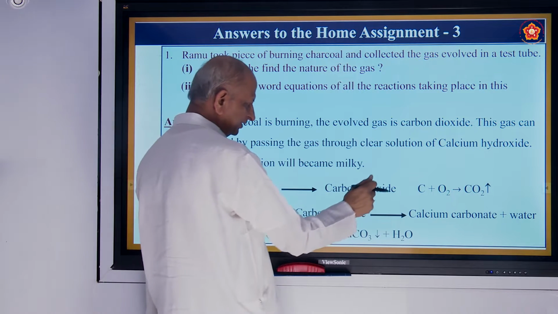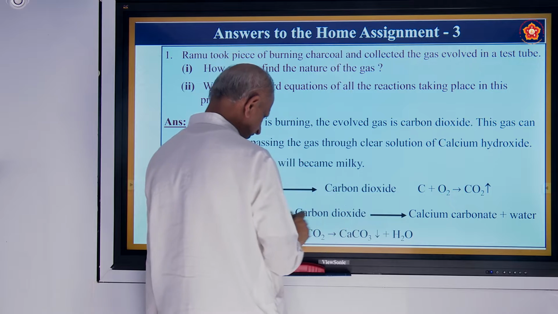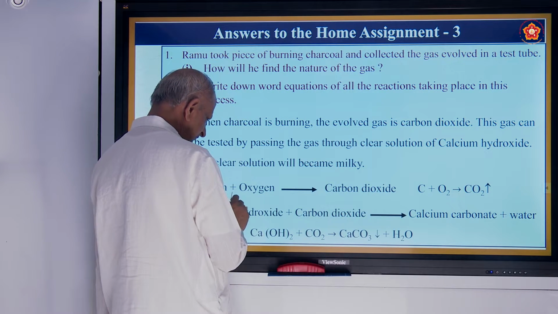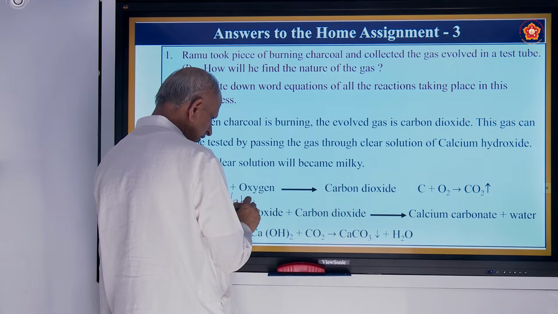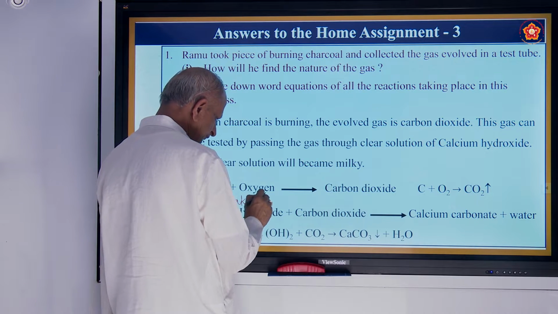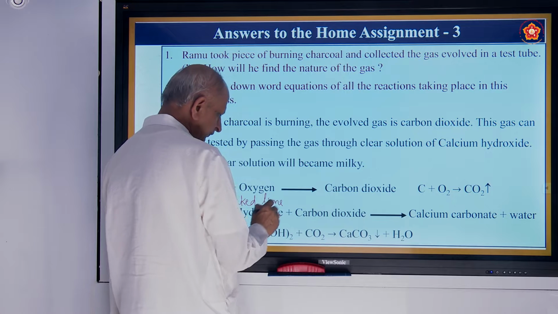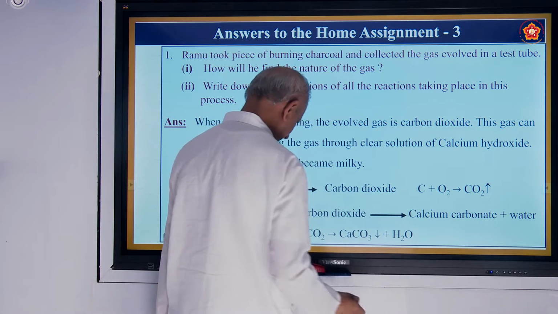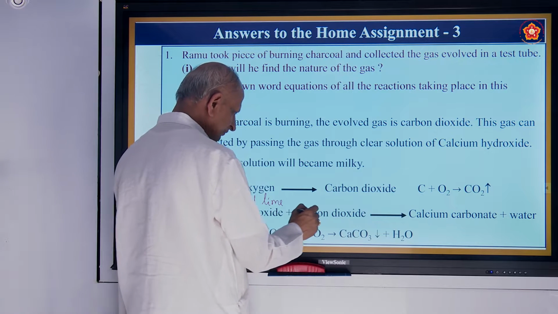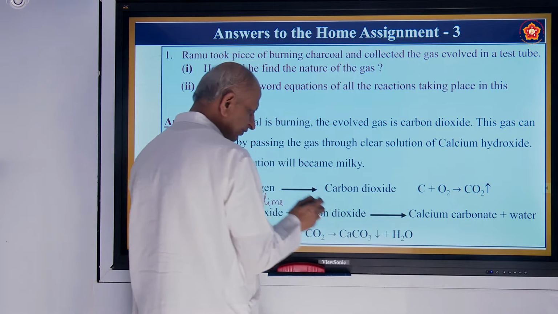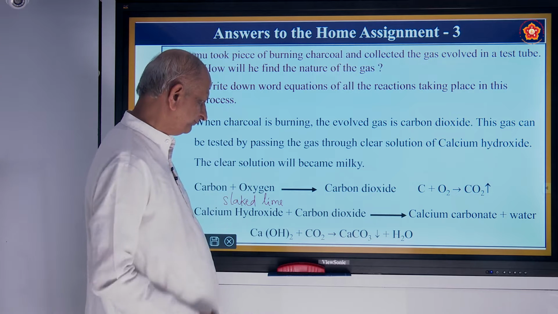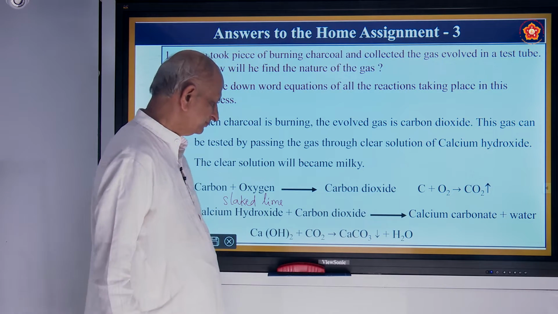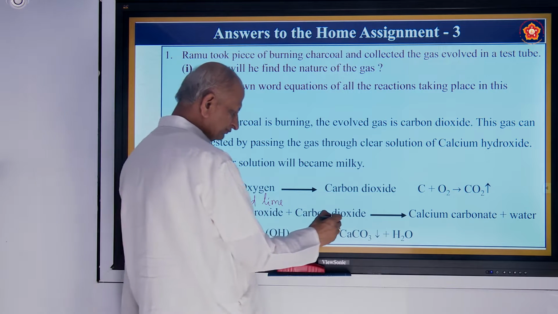So calcium hydroxide plus carbon dioxide. This is carbon dioxide. When it is passed to slaked lime, or you can say lime solution, plus carbon dioxide gives calcium carbonate plus water. So Ca(OH)2 plus CO2 gives CaCO3 plus H2O. And here it becomes milky in nature. This is a clear solution.